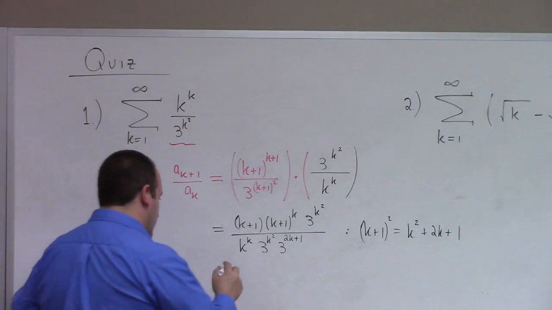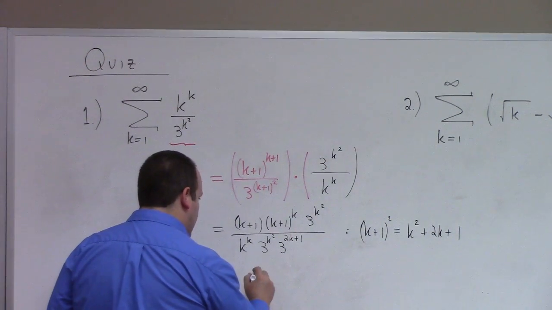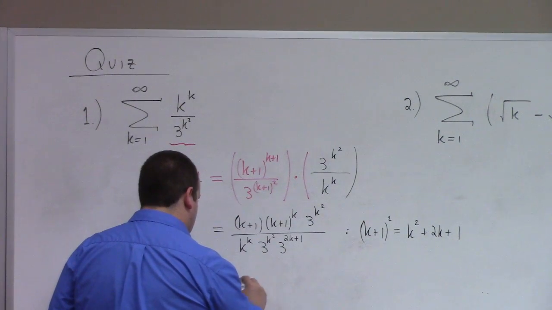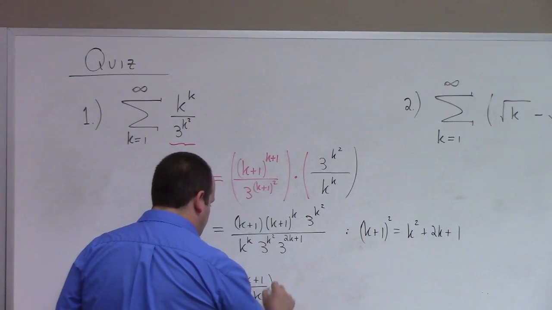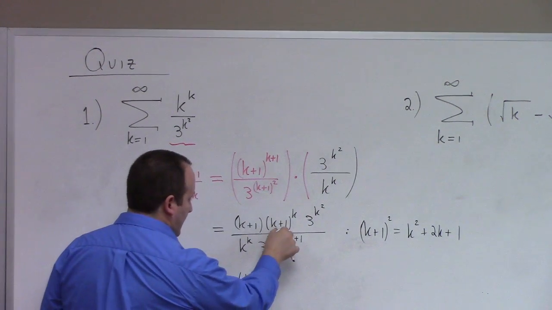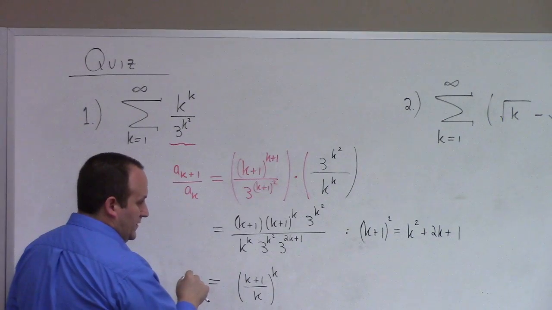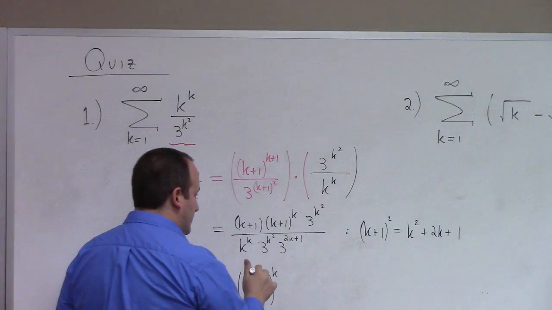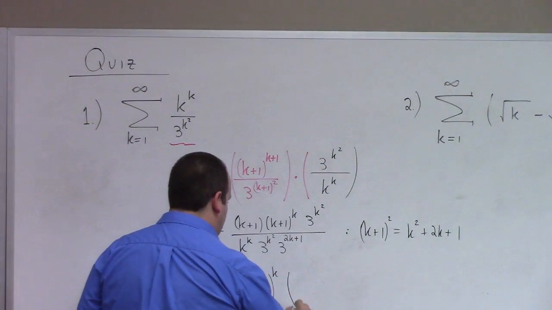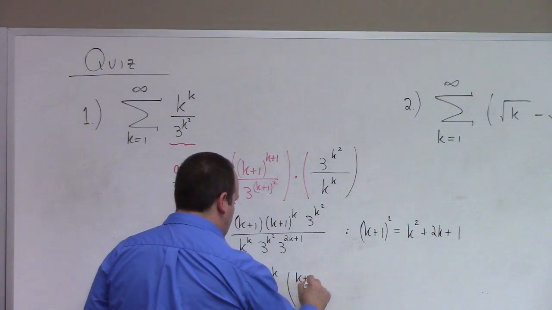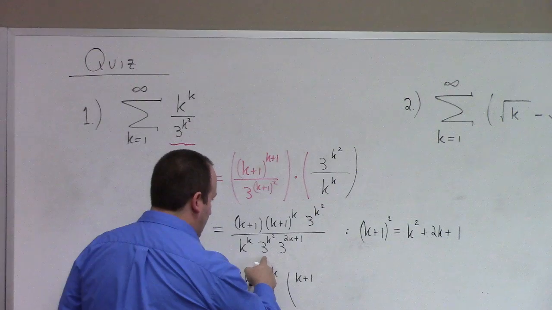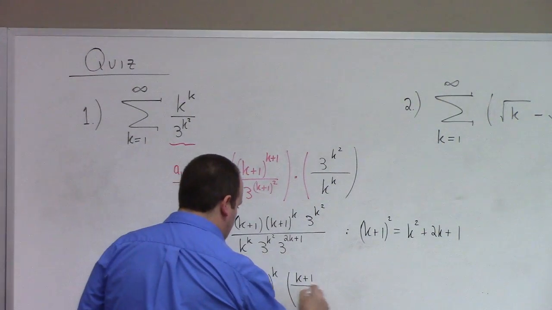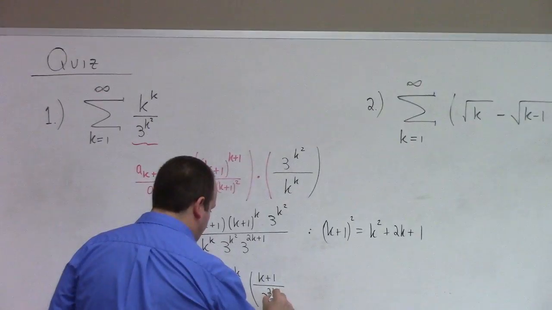Let's see here. So what do we get? We can group things together. We've got k plus 1 over k to the power k. That and that goes together. And then I've got k plus 1, right? Divided by, let's say, 3 to the 2k plus 1.